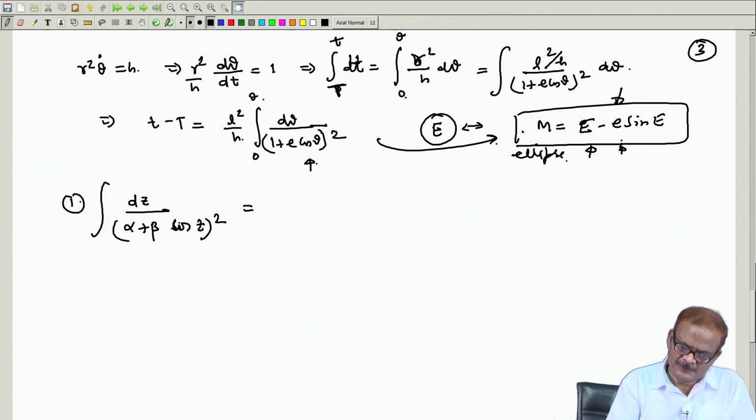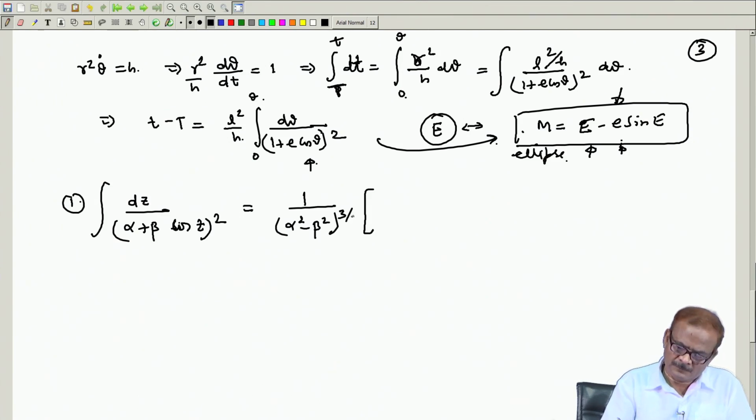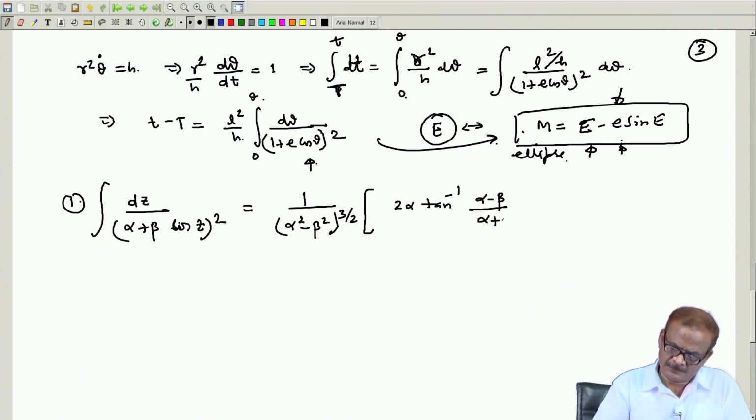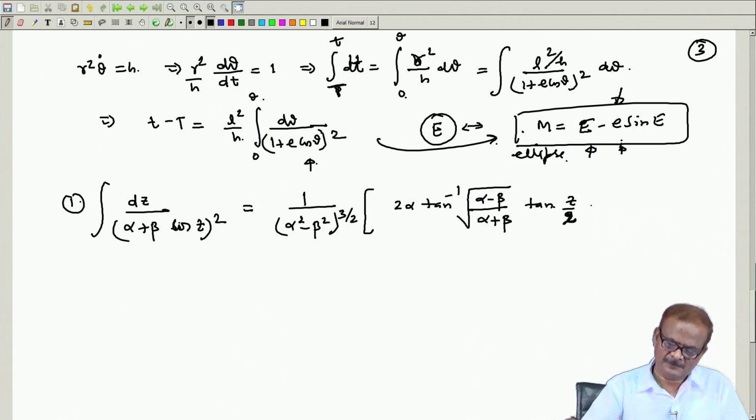The integration of this quantity will be 2 by (alpha square minus beta square) to the power 3 by 2, times alpha tan inverse of the square root of (alpha plus beta) by (alpha minus beta)... Here you need to remember this equation. Okay, that is the difficulty. Therefore, I have not taken that in the beginning.